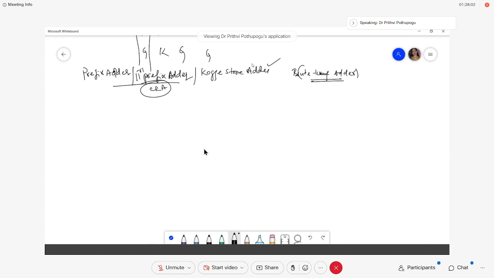So let me first try to give the explanation using a decimal value, then we can go for a binary value.